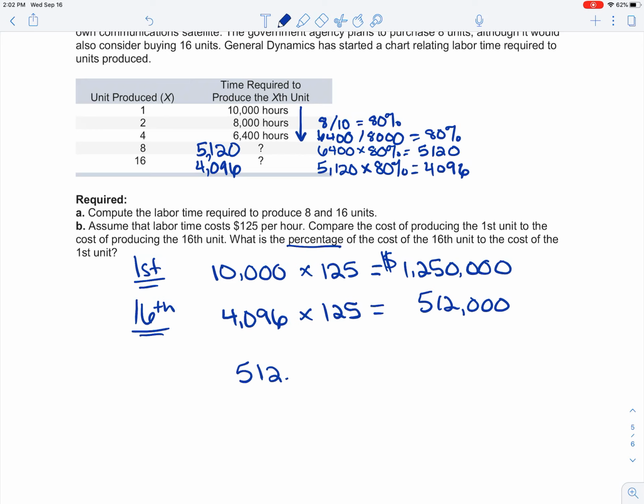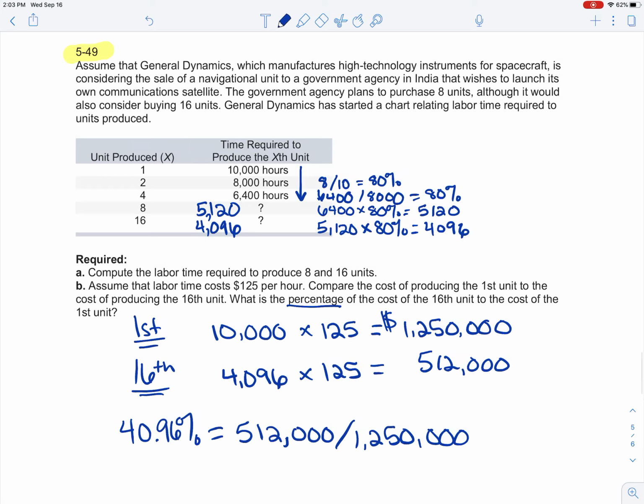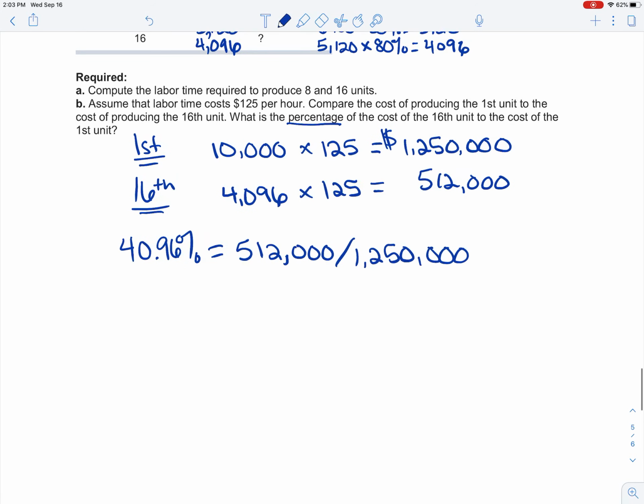All I'm going to do is take those two numbers and divide. So that 16th unit is only costing me 40.96% of that first unit. So this just kind of puts into numbers that learning curve and how much more efficient we get over time.